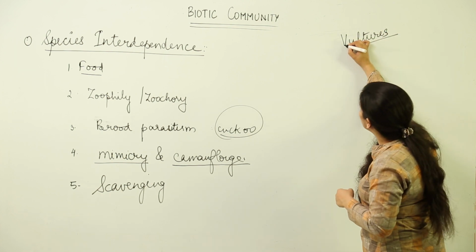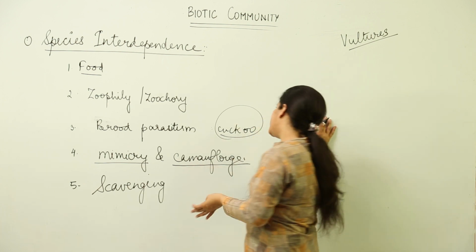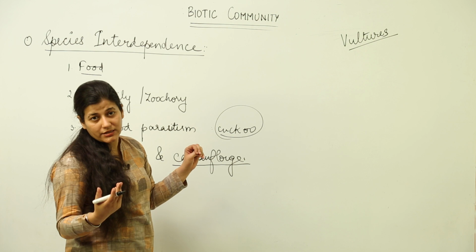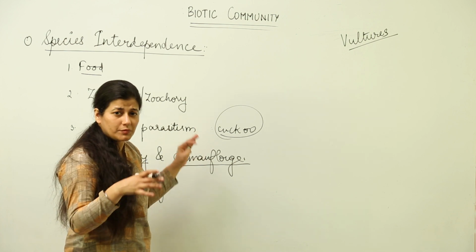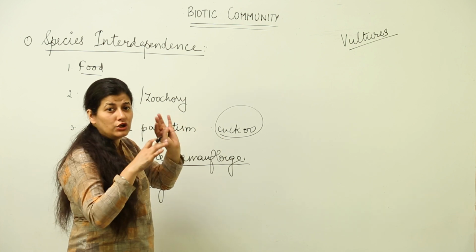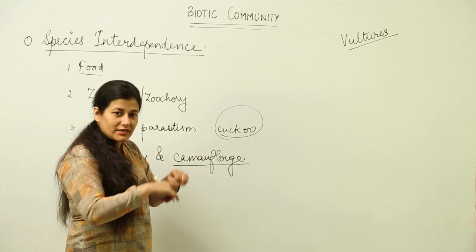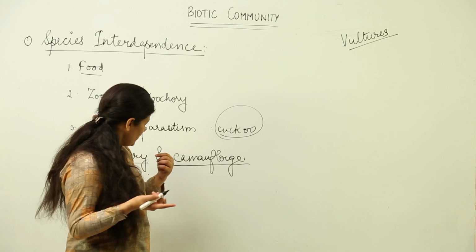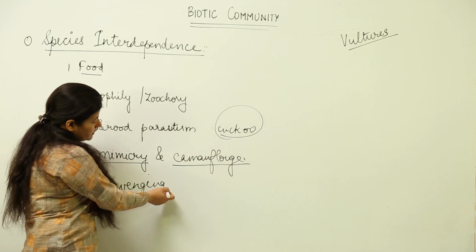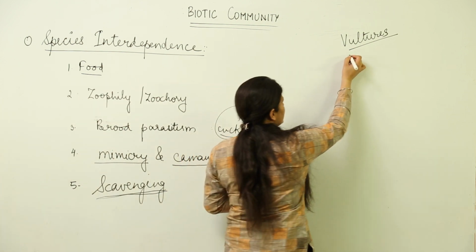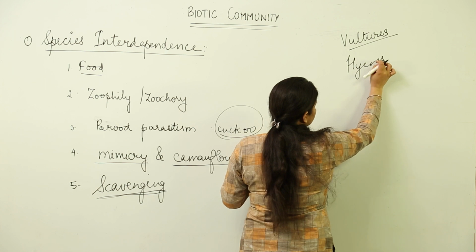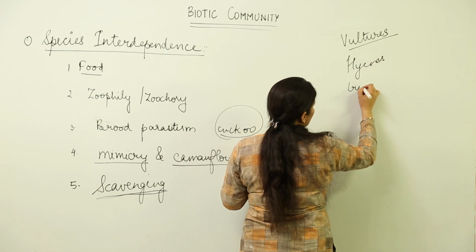They are going to eat up the entire animal carcass, so that the waste being generated in the environment, though it would be decomposed by microorganisms as well, is dealt with, and they play a huge role in decomposition. That is an important aspect of the ecosystem, and of course biotic communities are involved in it. So we have scavenging, we have the example of vultures, hyenas, and crows.